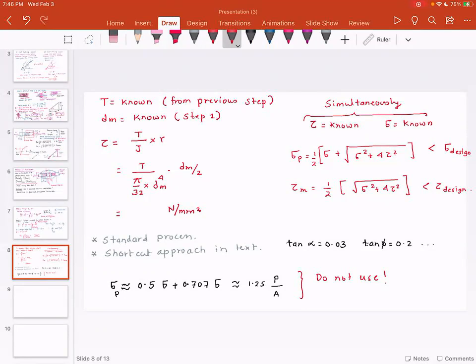Instead, follow the approach that we have talked about by assuming the value of mu, by assuming the value of helix angle, and then finding out the value of torque, then finding out the values of shear stress, recalculating the value of normal stress, and then using these tau and sigma values, find out the principal stresses and the maximum shear stress. Any question?